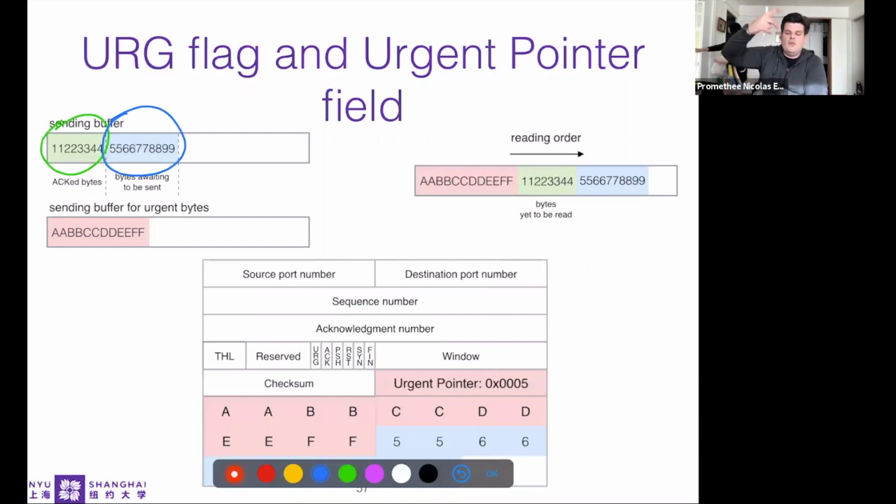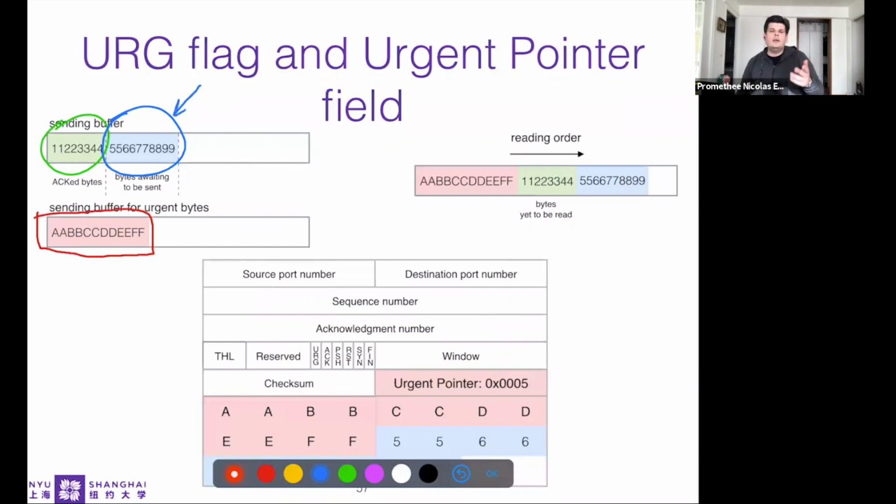They need to be sent before the blue ones, for instance, or the green ones. So what's going to happen here? Inside the segment, I'm going to use those data that have been flagged as urgent by the application, and they're going to be sent in priority compared to the blue ones, which will be waiting.